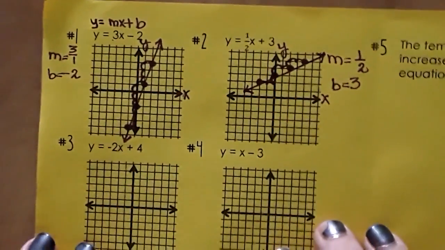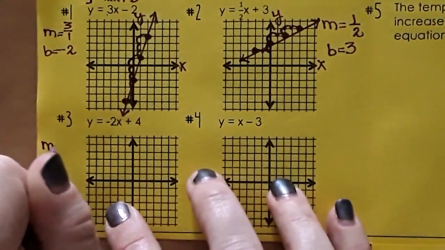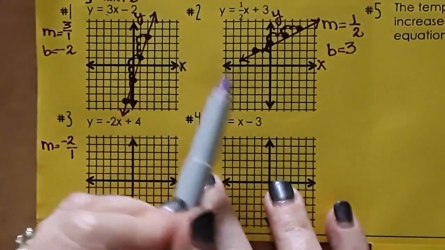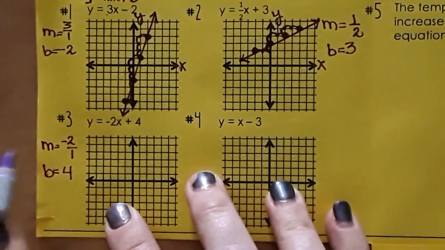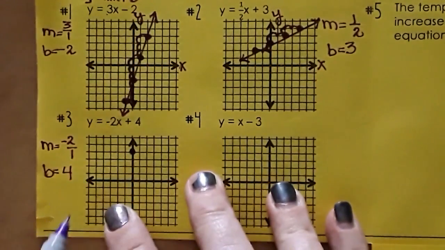All right, let's look at number 3. My m, in this case, is -2 over 1. So we have a negative slope. It's going to go the opposite direction of number 1 and number 2. And we're going to start at a +4. So we're going to go up 1, 2, 3, 4. Negative slope.